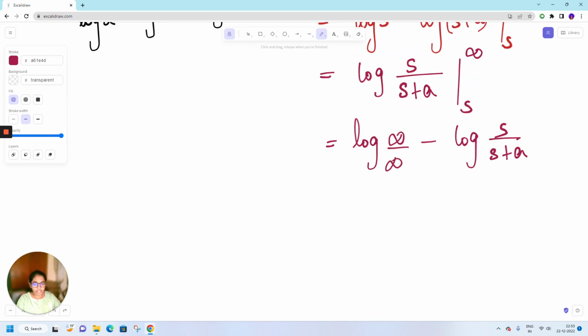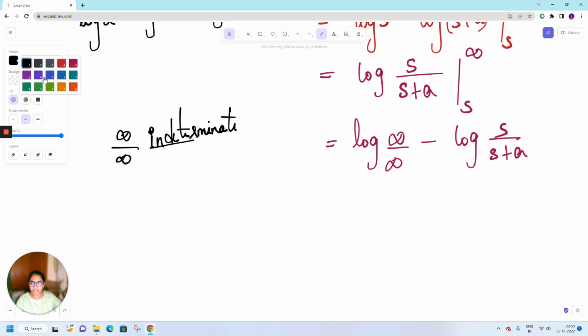Now, infinity by infinity is called as what? Indeterminate form. Yes, infinity by infinity is called indeterminate. How do you solve this? Okay, let me go back to the previous step. Let me write the question as it is, log of s divided by s plus a.